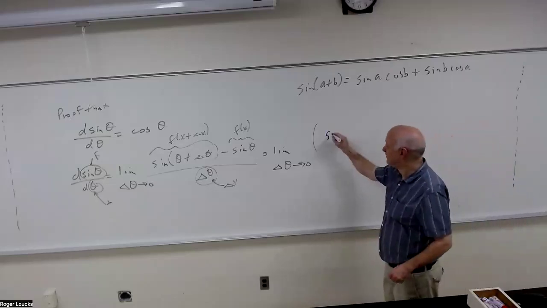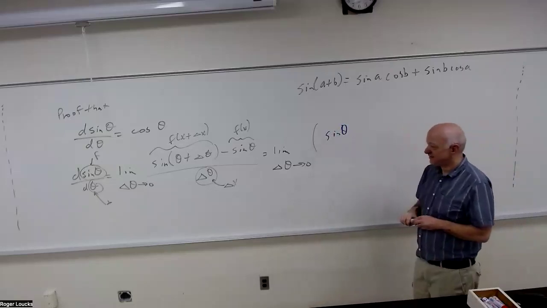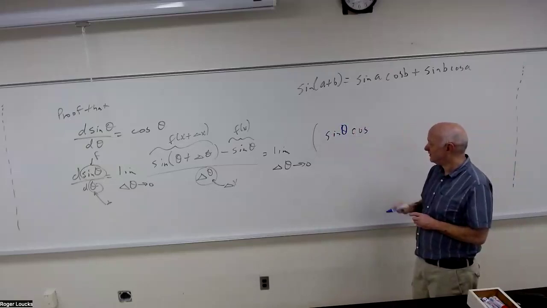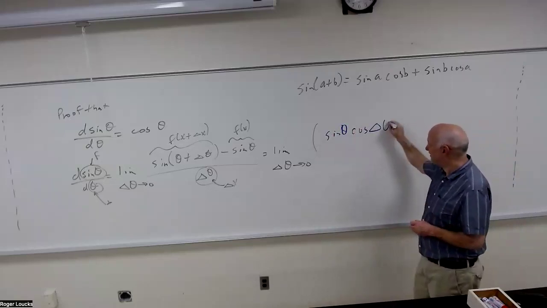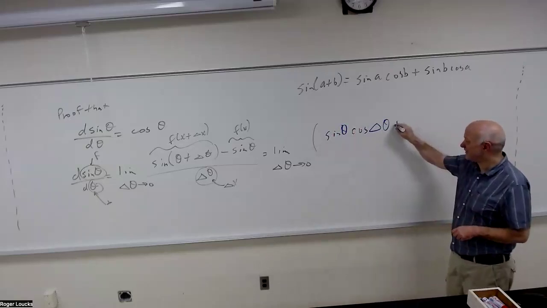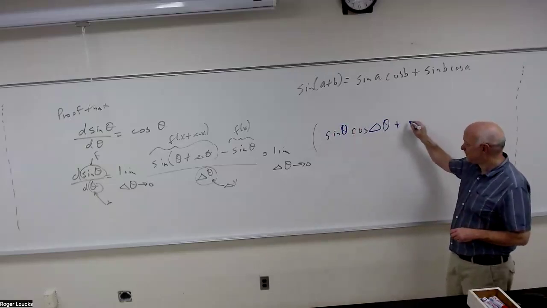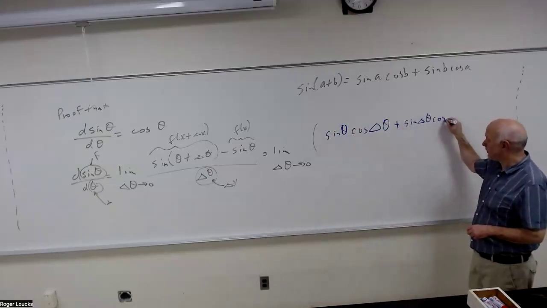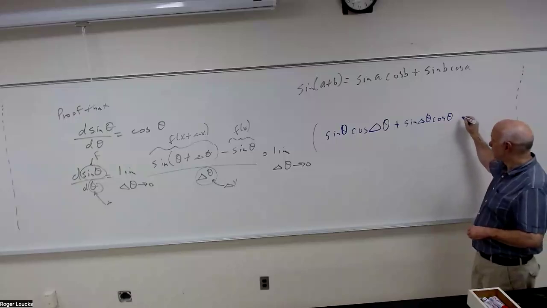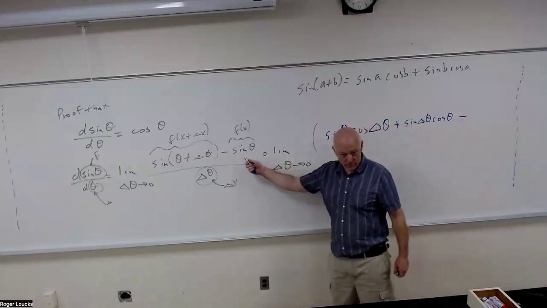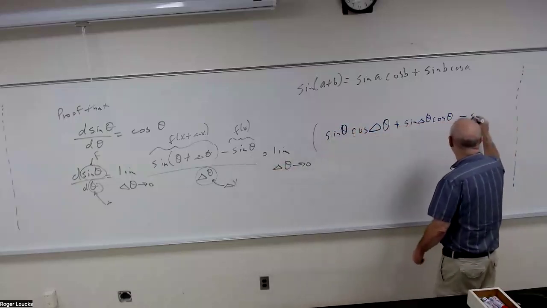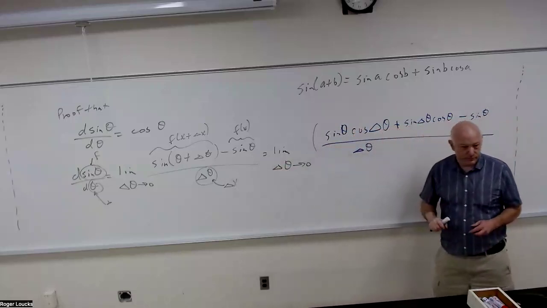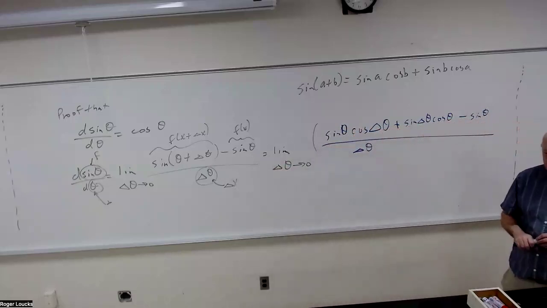Sine of theta cosine of delta theta, plus sine of delta theta cosine of theta, minus my buddy here, sine of theta, all over delta theta. You say, wow, that looks just like cosine of theta.